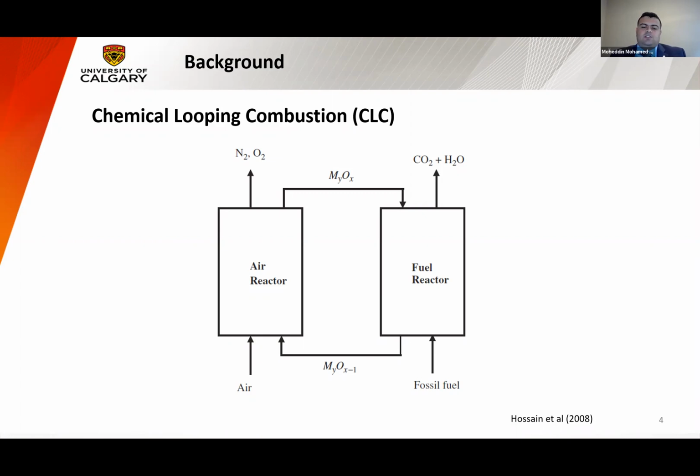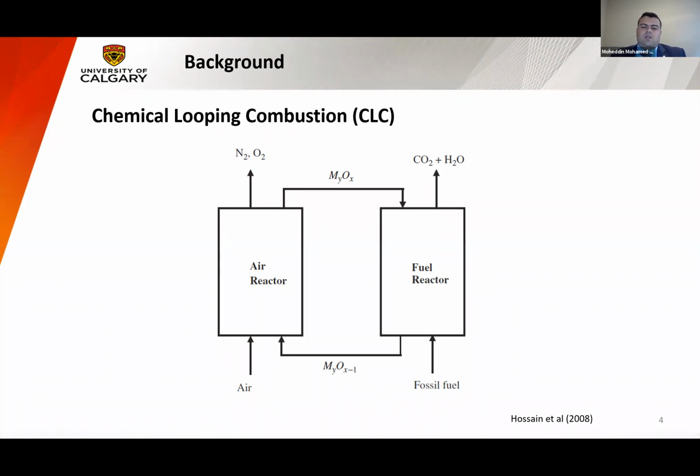The process consists of two interconnected reactors. One is a fuel reactor, the other is an air reactor. A metal oxide is used as an oxygen carrier, circulated between the two reactors. In the fuel reactor, a fuel source such as methane reacts with the metal oxide, resulting in carbon dioxide and water.